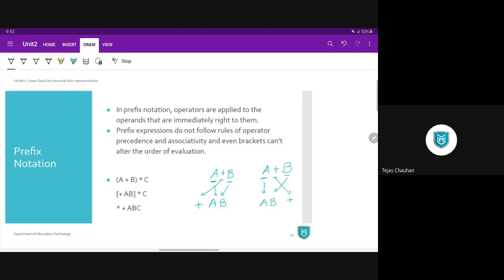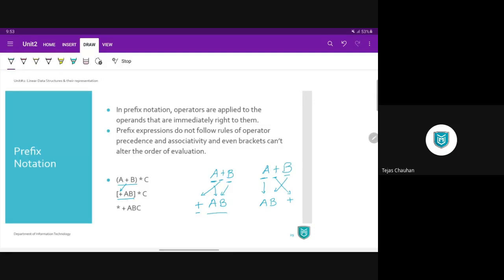So operator comes first, and then there will be two operands, right? So let's have a look at the example. There is a parenthesis here, A plus B. So what we do is we bring the operator first, and then we write the two operands. Now consider that as a single entity.